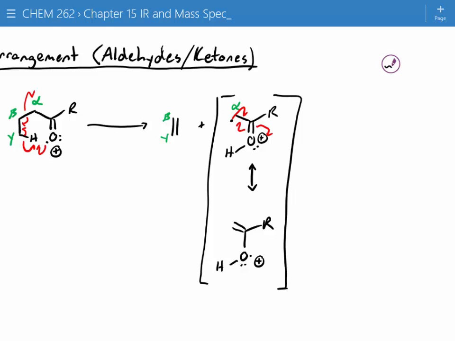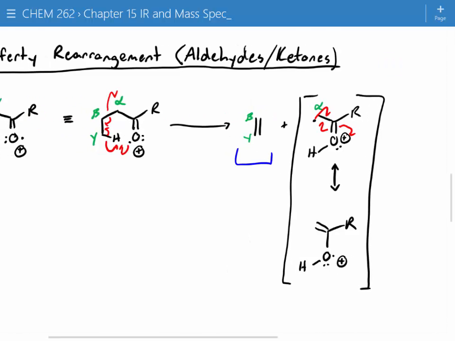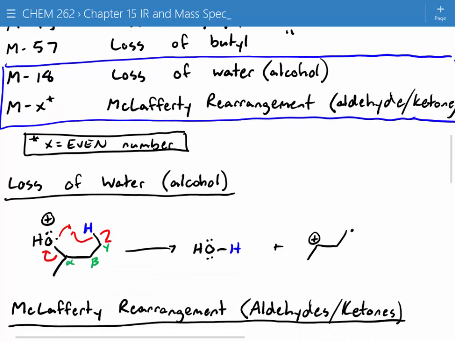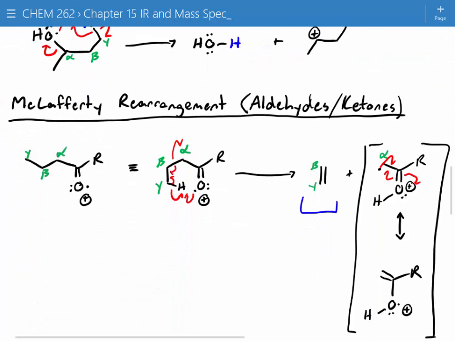So McLafferty rearrangement, if you look at it, we're always ejecting off a piece that has some even mass on it. So when I had that chart up here, I said that oftentimes when you see a mass minus some sort of even peak, it often means that you're ejecting some sort of alkene.